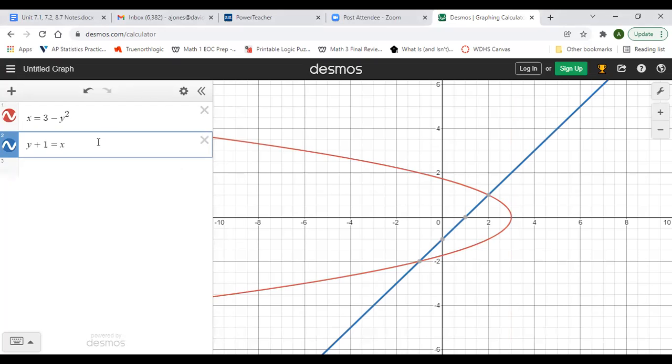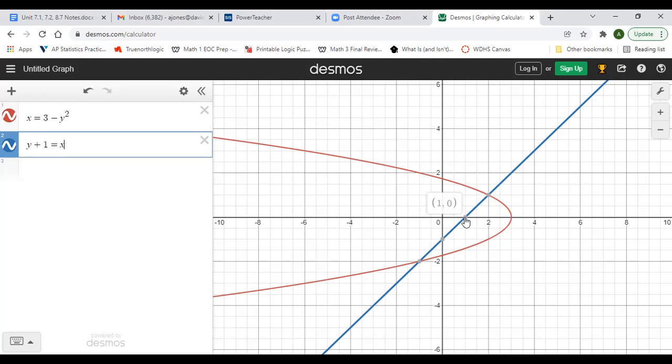Everybody see that? When we're doing horizontal, which one do we put first? Which one is f of x in this case? The one on the right. So which one is on the right? Yeah, the red is the furthest to the right. When you're talking about this area right here in between the curves, the one on the right is going to be the red one. On the left, it's going to be the blue one.